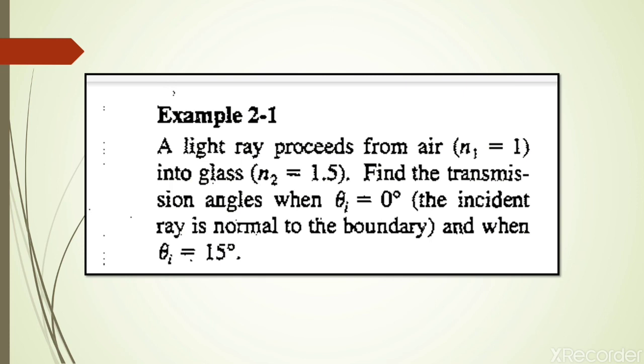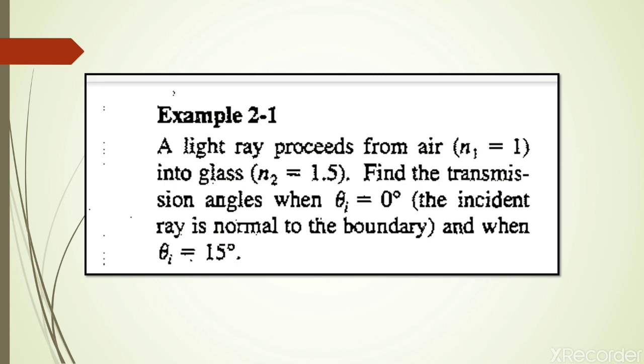Let us do example number 2.1. Example number 2.1 says a light ray proceeds from air into glass. In example number 2.1, a light ray travels from the air to the glass. The refractive index of the air is 1 and the refractive index of the glass is 1.5.